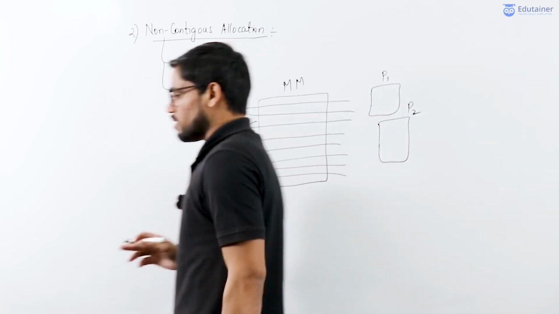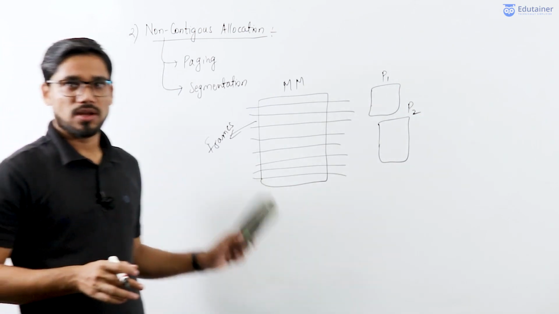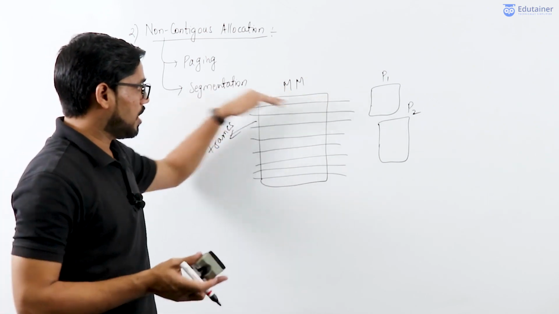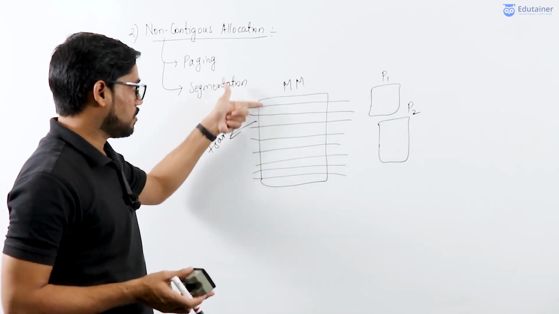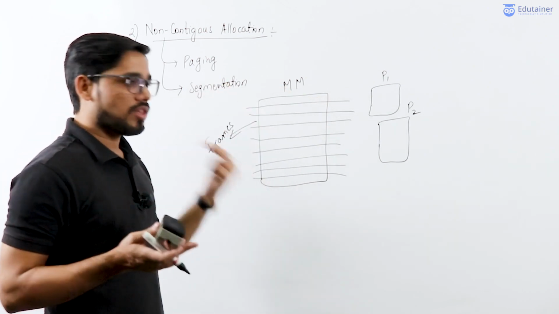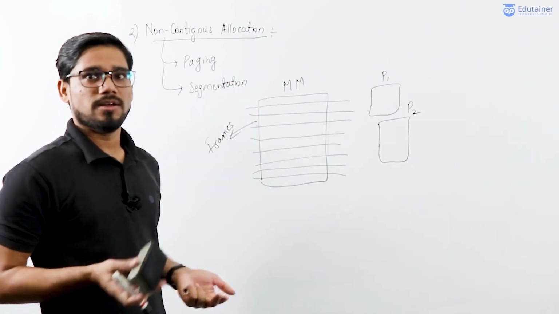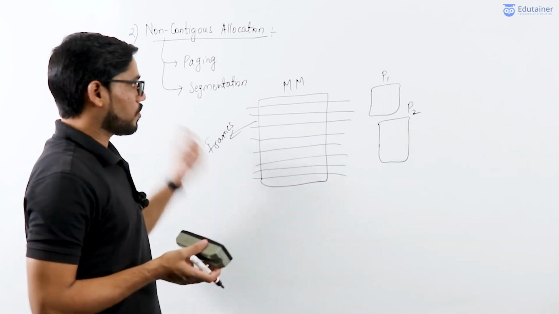This division is based on logic, meaning we cannot cut the main memory and call each part a frame. Logically we think that the main memory is divided into frames, and based on that we program the operating system.